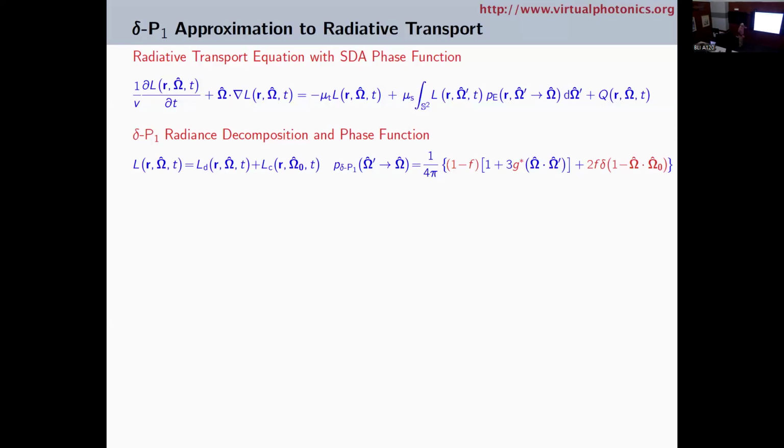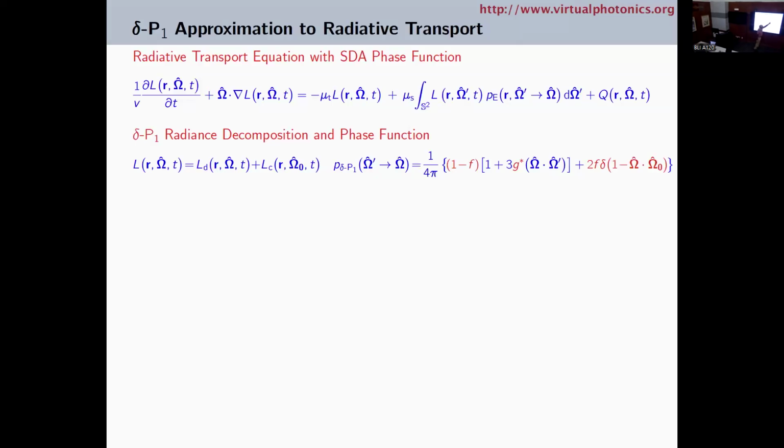And we say, well, let's keep a fraction of the light before it is scattered, collimated, okay? And the 2 here is because the collimation is happening only in one direction, or like in one hemisphere. So you have to make the normalization work out, you need a factor of 2. But F is the fraction of light that remains collimated along this direction, omega naught.